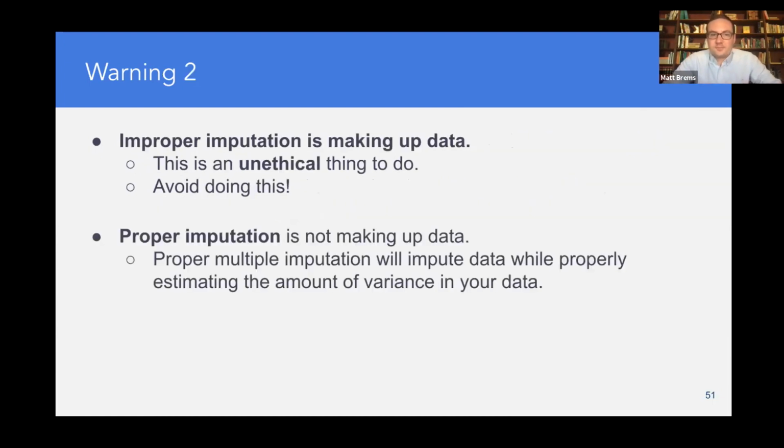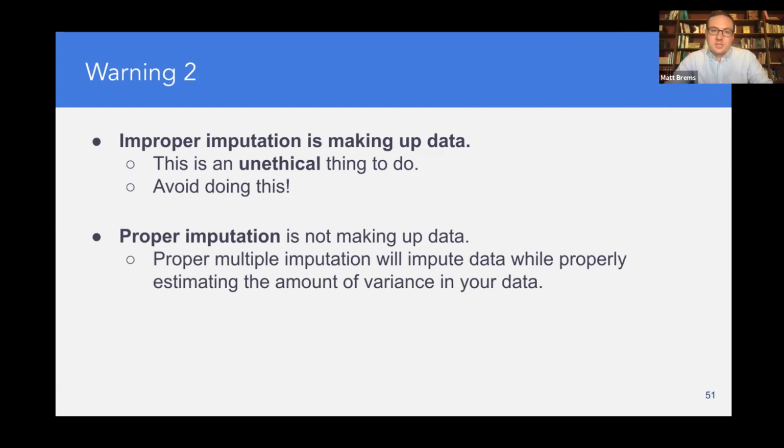The second warning: improper imputation, like just filling in the mean, is effectively making up data, which I believe is an unethical thing to do, and you should avoid doing this. Proper imputation, on the other hand, is not making up data, because we're not taking our NA and filling it in with one value as if we definitively know that value.